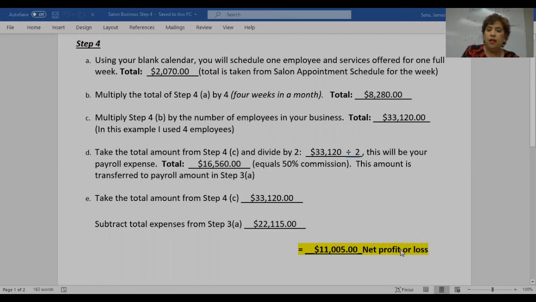So anyway, with that said, I hope that it gives you some insight on how to finish step 3 and step 4. I have sent this through Synergy. Mr. Soto is going to put it on Google Classroom, and you should be able to have all of this information.